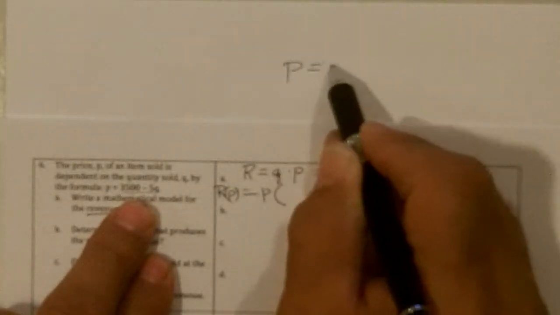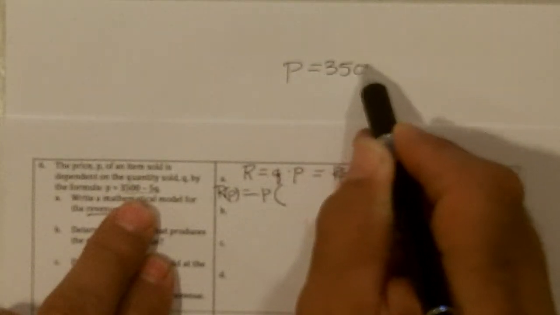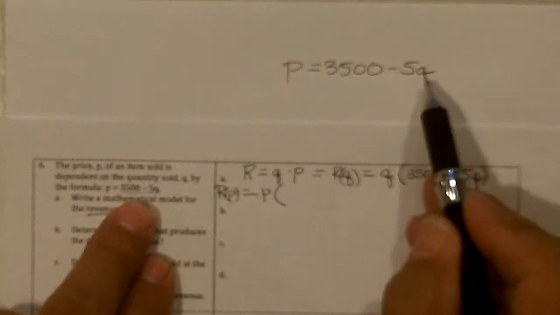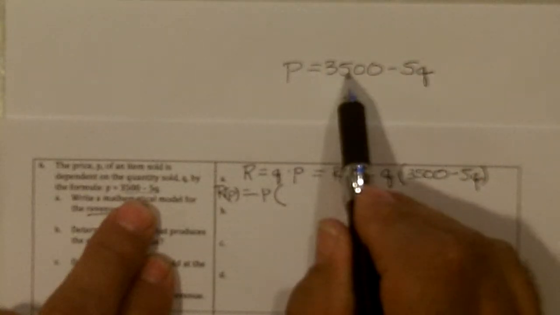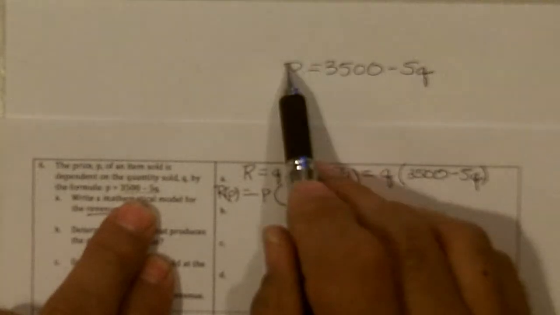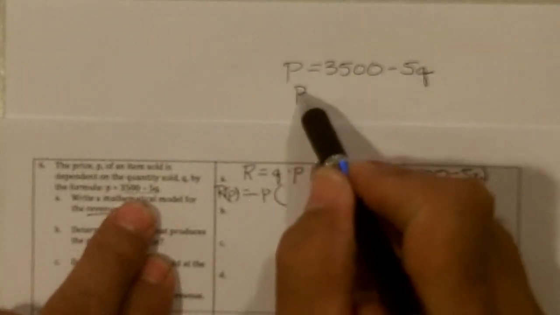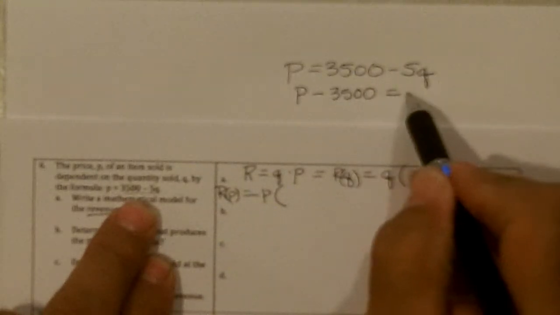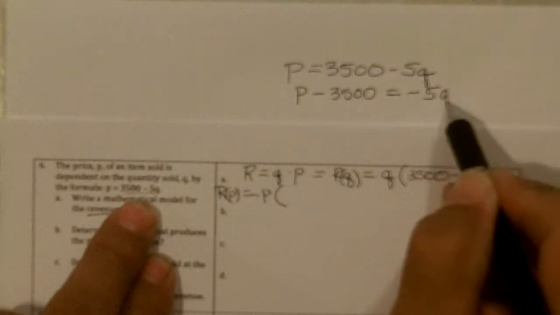So I'm going to pull up another piece of paper here, and I would have P is 3,500 minus 5Q. So if I'm solving for Q, I would subtract 3,500. So I'd have P minus 3,500, subtracting 3,500 from both sides, equals negative 5Q.